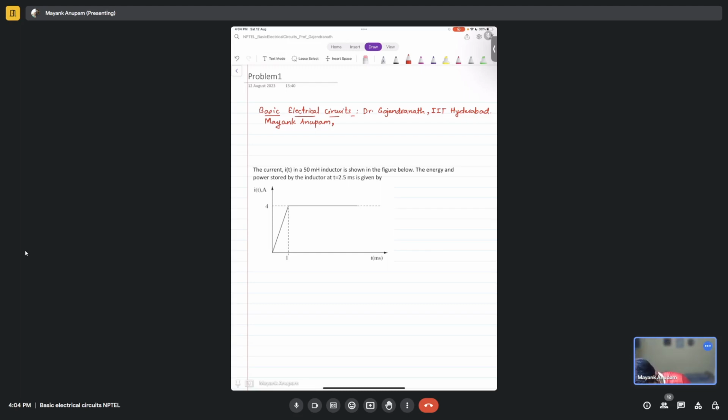You can call me a tutor for this course, and I am a PhD EMRF scholar, currently pursuing a PhD at IIT Kanpur. Fine. So these were the introductions.